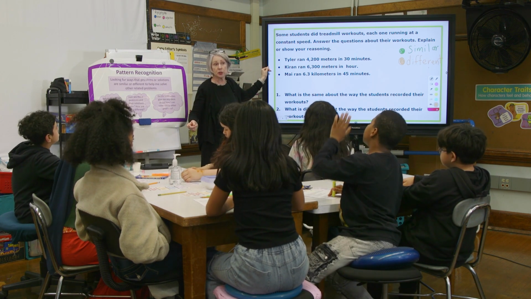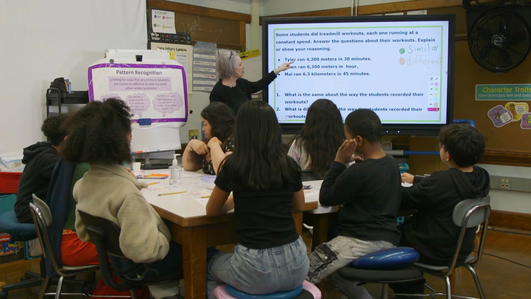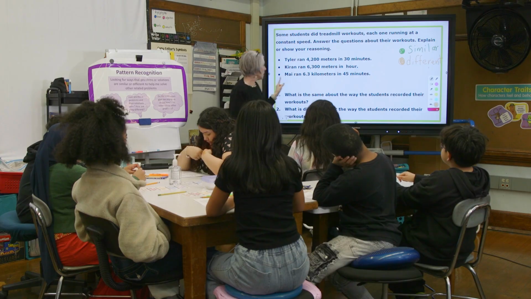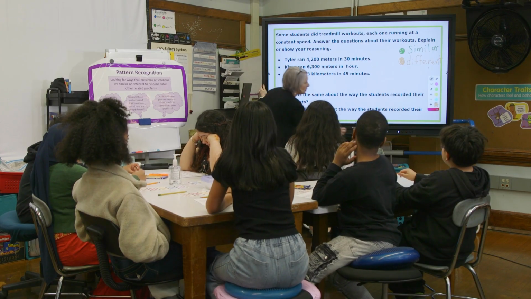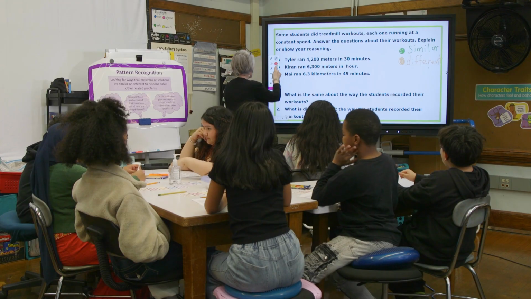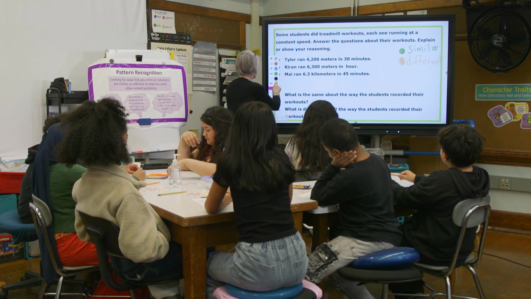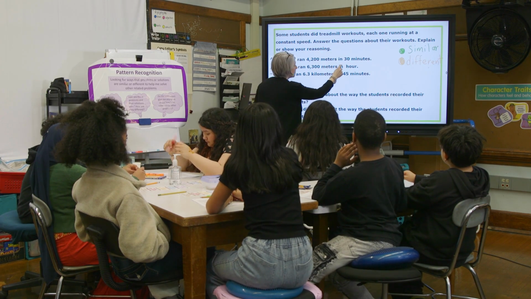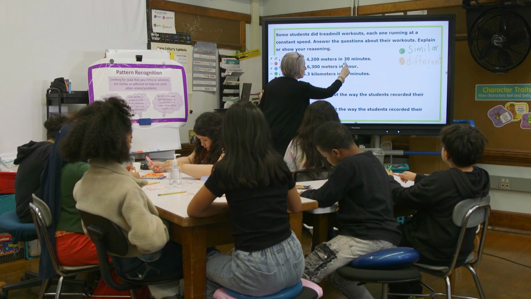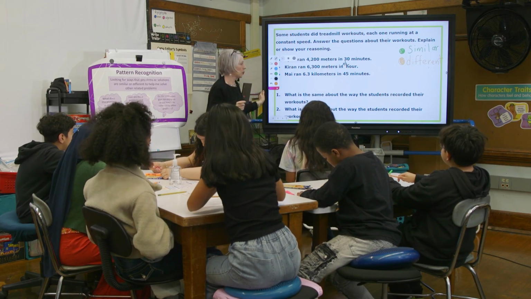Should we do a little Swiss cheese reading? Yes. All right. Tyler ran 4,200 meters in 30 minutes. Oh, I need to switch something here. Let me get my writing tools. This is where Ms. Frankowiak made a mistake. Half an hour. You can write that on yours.